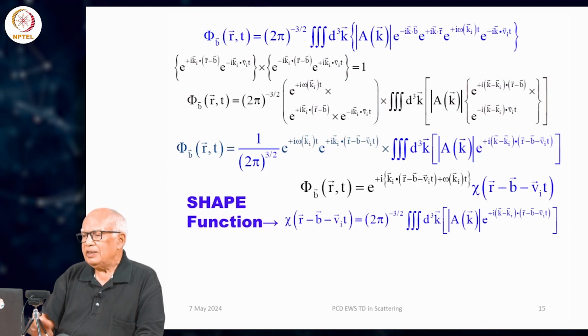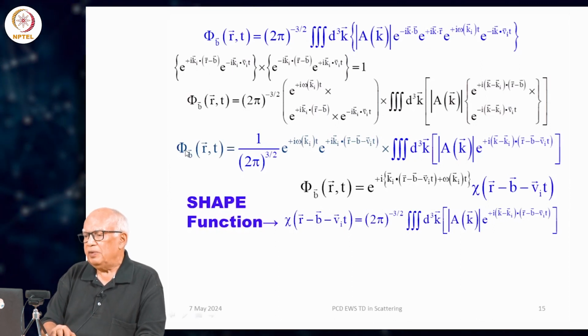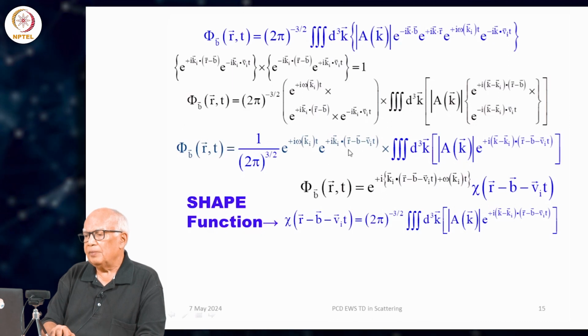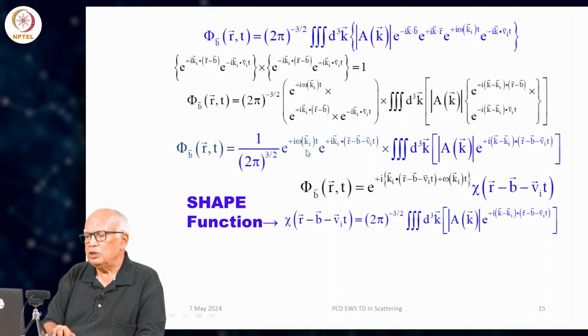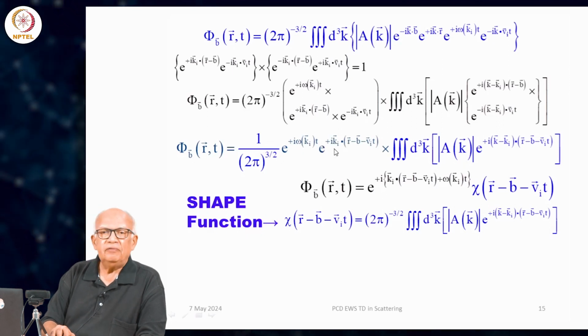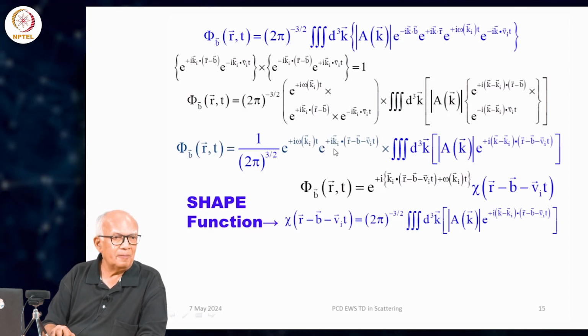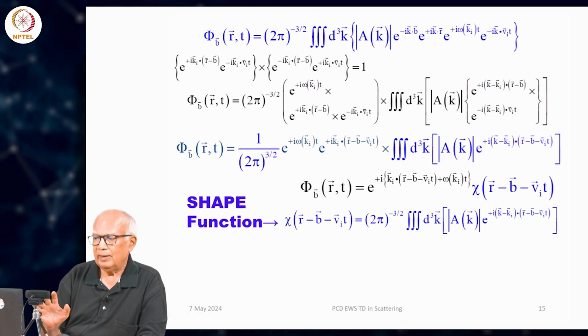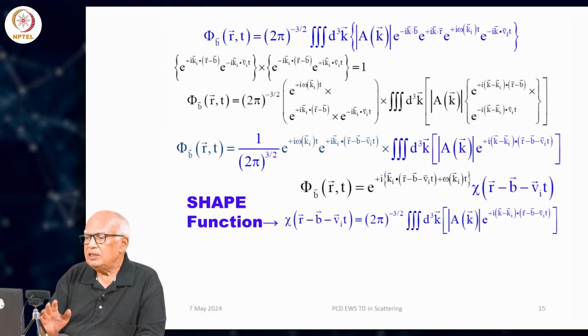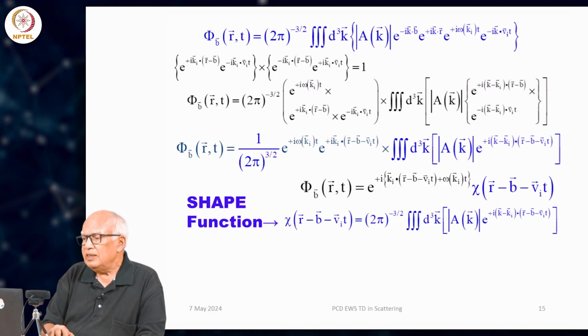What you see is that you have got a phase over here, and this is a very remarkable result. Between these two terms you have nothing but a phase, just a phase multiplying this integral.